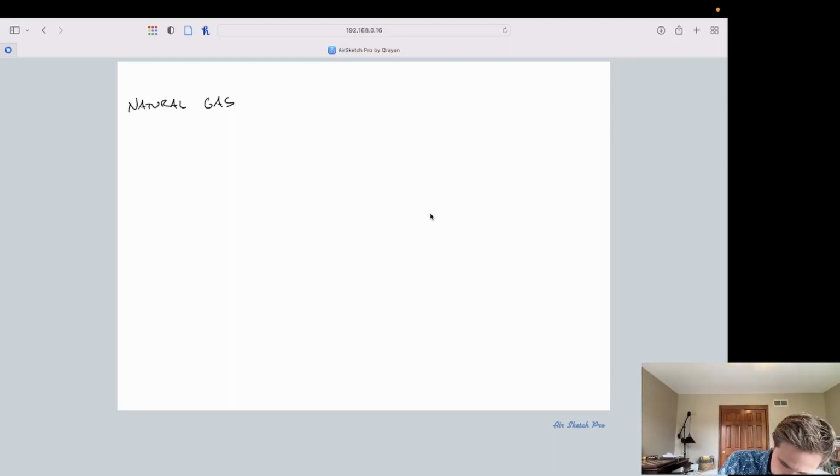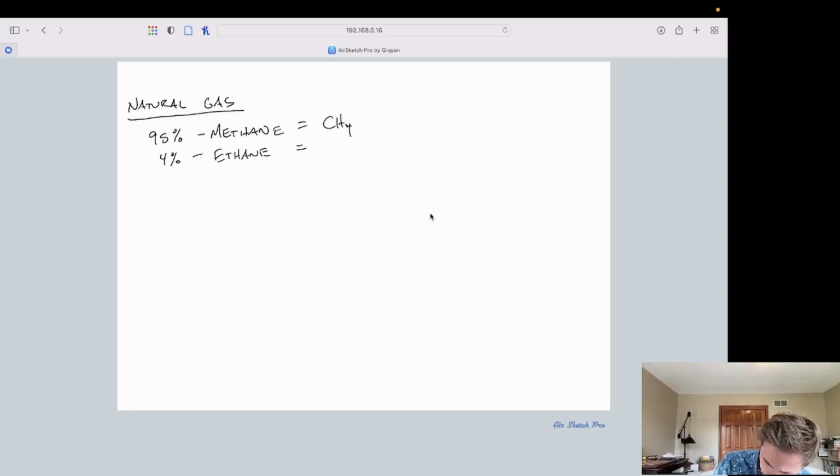So first we'll write out our natural gas, and here we're going to have a 95% mole concentration of methane, which is CH4. We're going to have a 4% mole concentration of ethane.